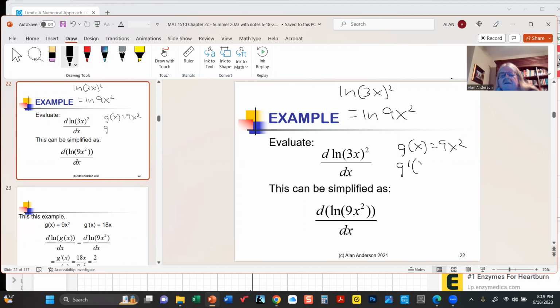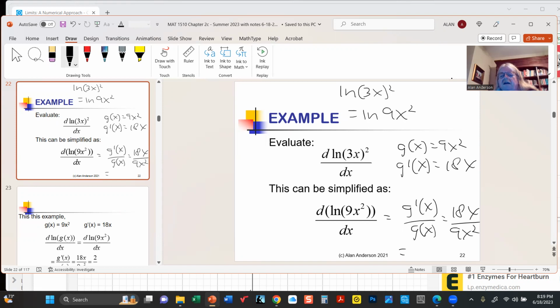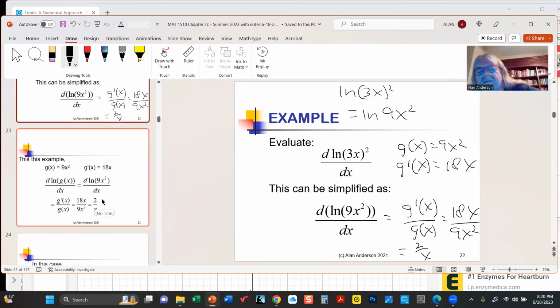G prime of x, based on the power rule, is 18x. So therefore, we have 18x over 9x squared. Well, it's just a coincidence that this is the same answer as the last one, but it is 2 over x.